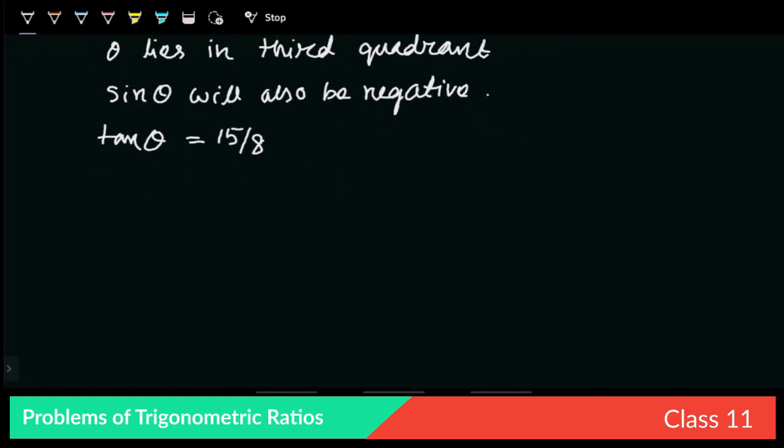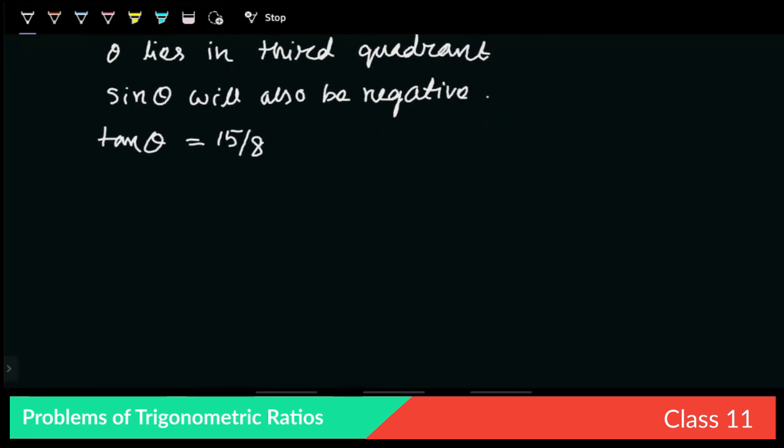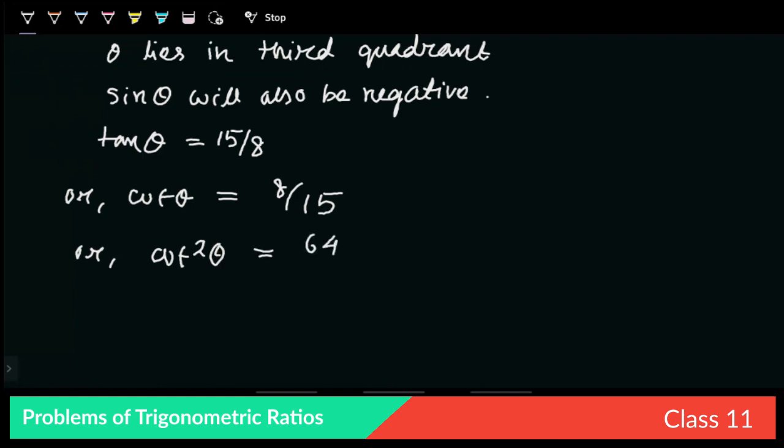So we can write from this cot theta equals what? It is 1 by tan theta, that means 8 by 15. Now squaring both sides, what will I get? Cot square theta equals 8 square, which is 64, and 15 square, which is 225.